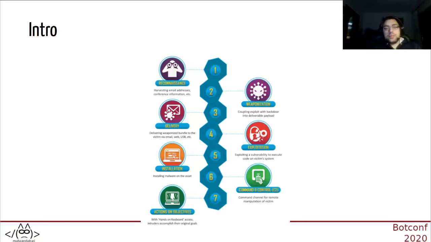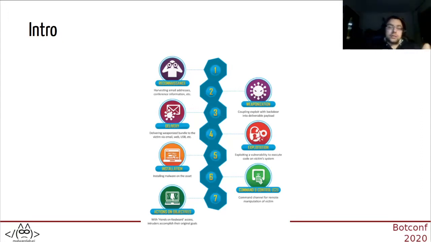It's a basic list of steps you need to take, or you will take, in order to successfully compromise a machine or whatever is your target. We have those seven simple steps: reconnaissance, weaponization, delivery, exploitation, installation, command and control, and finally doing some actions on an objective. They are pretty straightforward, right?